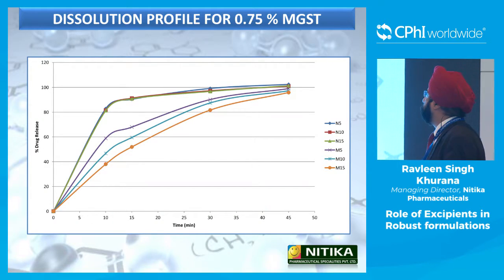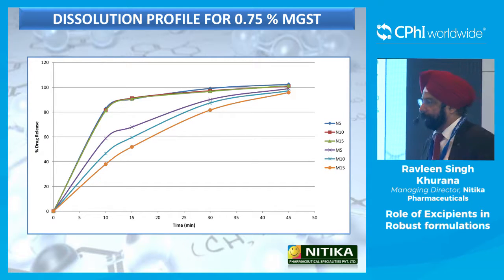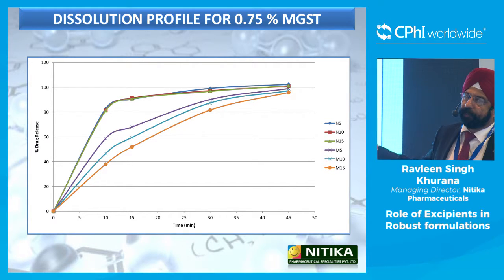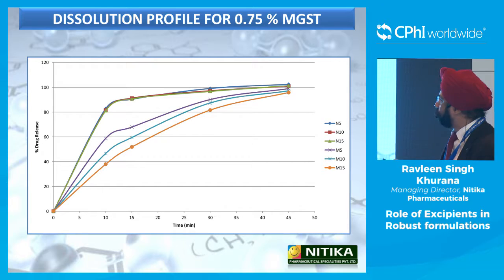And now we come to the most critical attribute of a tablet, that is the dissolution profile. And there are 6 curves here. Out of 6 curves, if you see closely, the 3 curves are superimposed, and the 3 superimposed curves are N5, N10 and N15.